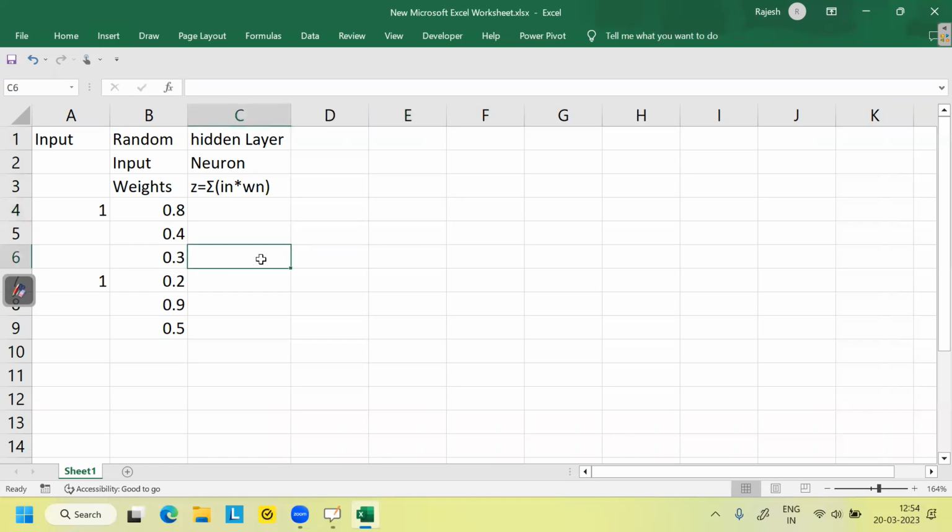Okay, so we'll calculate: is equal to 1 into 0.8 plus 1 into 0.2. Similarly, is equal to 1 into 0.4 plus 1 into 0.9.